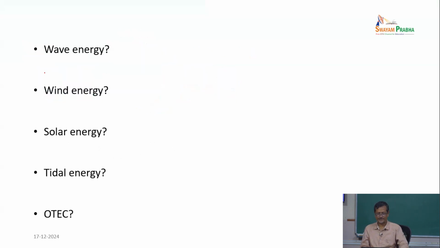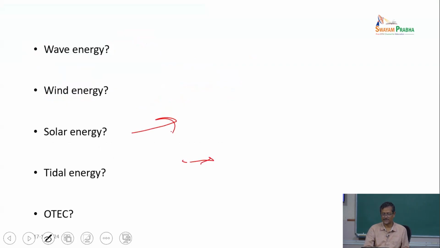So, now you can see the wave energy, wind energy, solar energy. All these are related to water, and actually related to the sun. Why? First, solar energy is coming directly from the sun; you have a solar panel or some other mechanism, so you can get energy. But wind energy is also coming from the sun.